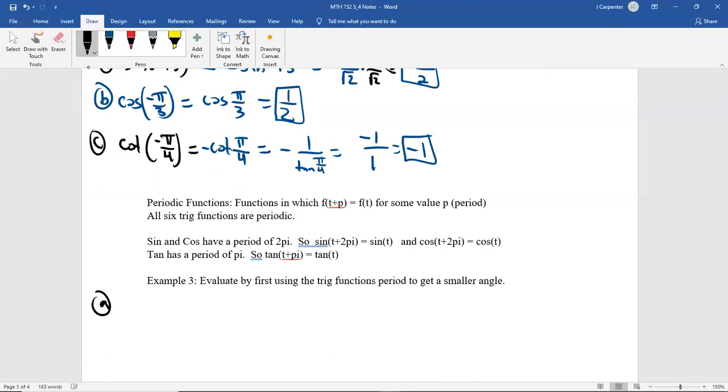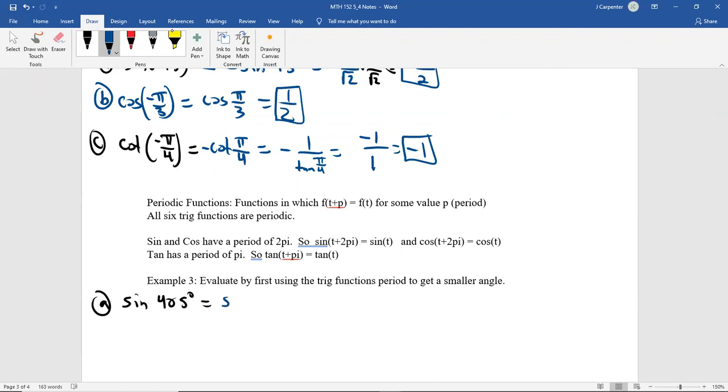So for A, the sine of 405 degrees. And for sines and cosines, it's just as simple as finding a smaller coterminal angle. For tangent, instead of subtracting 360, you're subtracting 180. All right, well, sine has a period of 2 pi, which is 360 degrees.